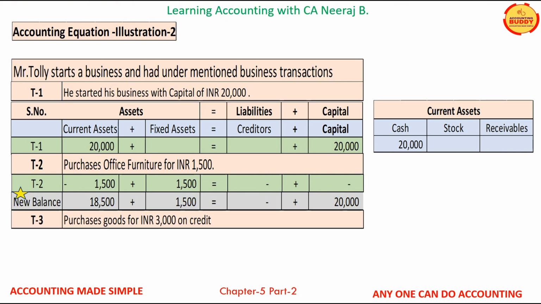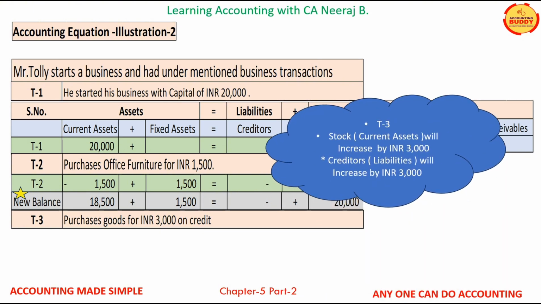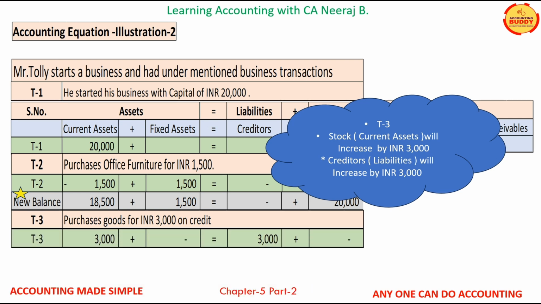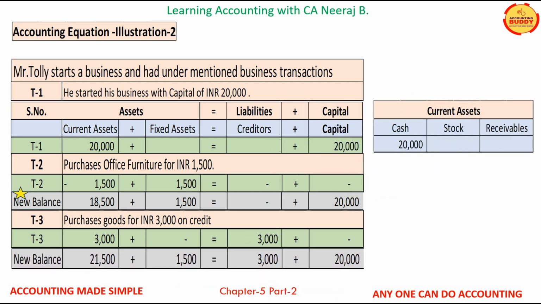Under transaction T3, Mr. Tolley purchased goods worth 3,000 on credit. Two accounts which are getting affected by this transaction are number one stock and number two creditors, as goods are purchased on credit. 3,000 will appear on the left hand side as the stock has increased, and the liability of 3,000, which has also increased, will appear on the right hand side of the accounting equation.